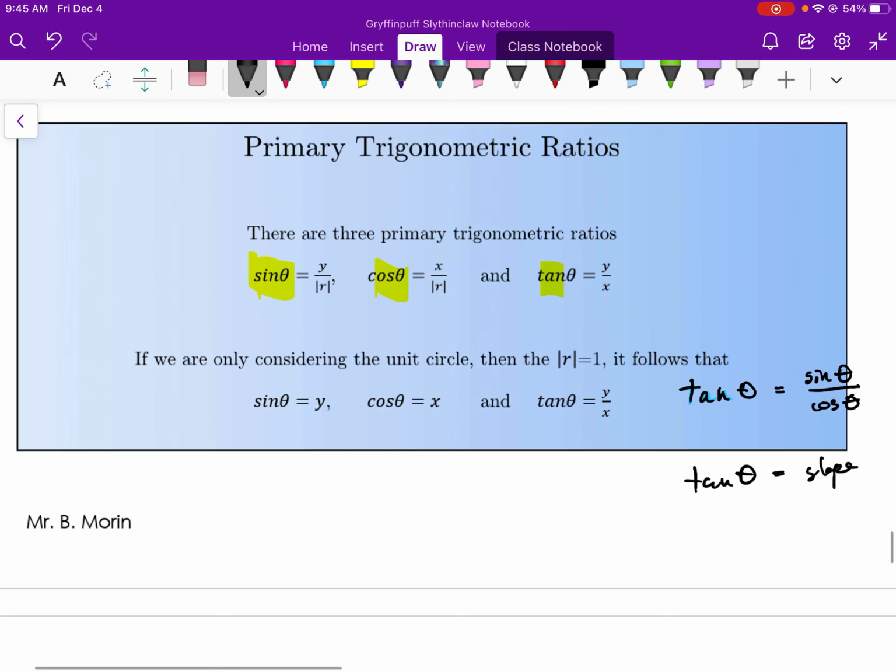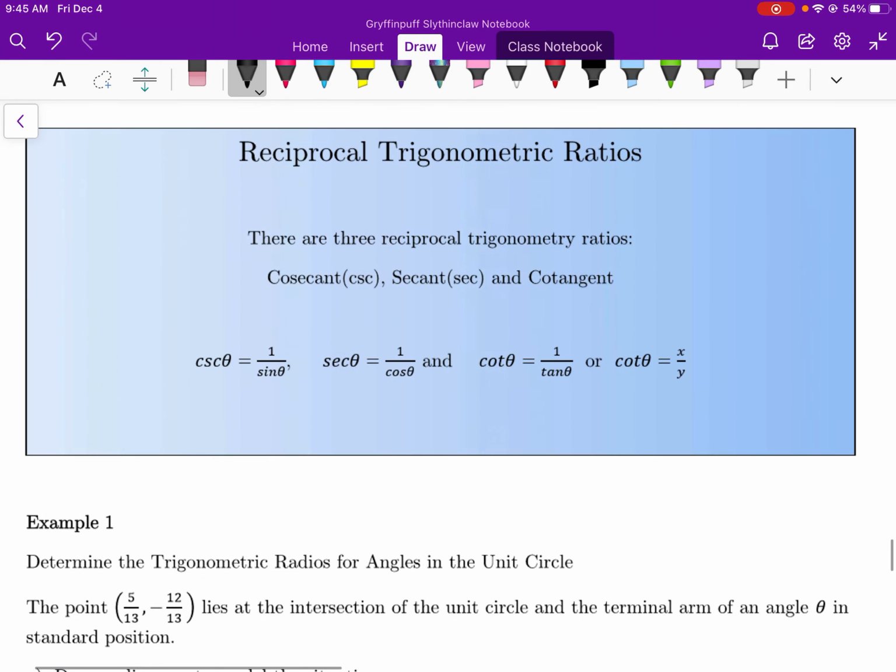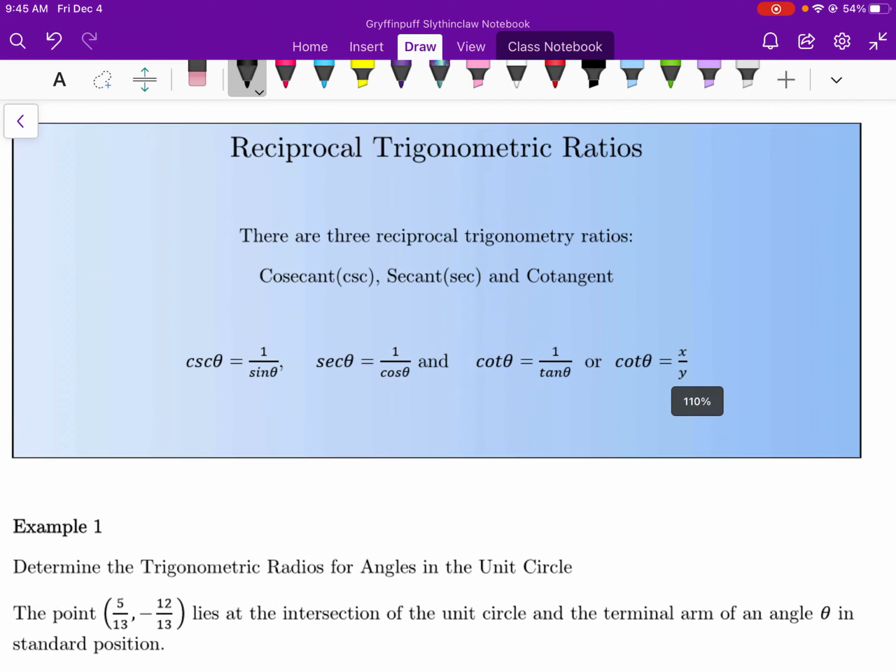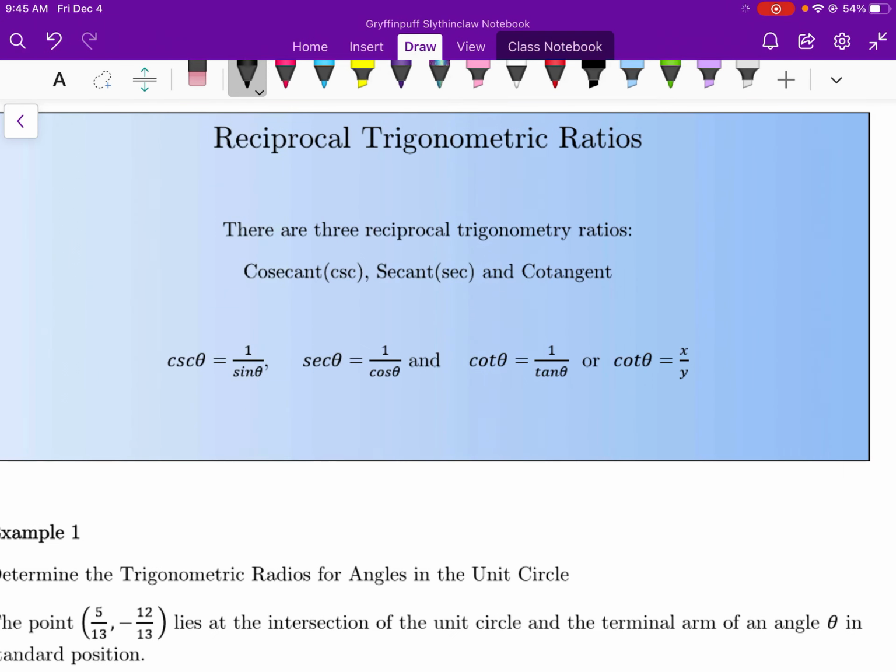What will be new to the lesson is the reciprocal trigonometric ratios. So there are three reciprocal trigonometric ratios: cosecant, secant, and cotangent. Now, cosecant is 1 over sine. Secant is 1 over cosine.